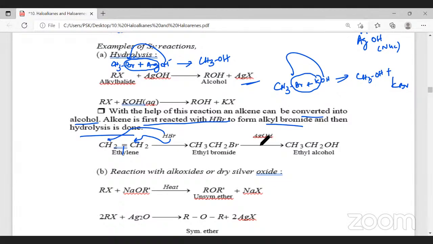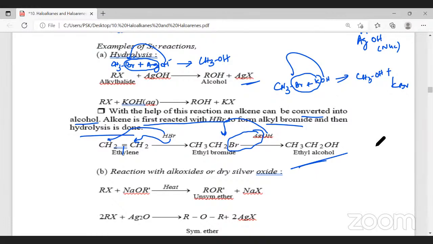When this reacts with AgOH, silver hydroxide, it's called hydrolysis. Ag and Br get eliminated as AgBr, and in place of Br, OH goes. Therefore, you get ethyl alcohol. So one method of preparing alcohol is by reacting an alkyl halide with a base like sodium hydroxide or silver hydroxide. Hydrolysis takes place, forming alcohols.